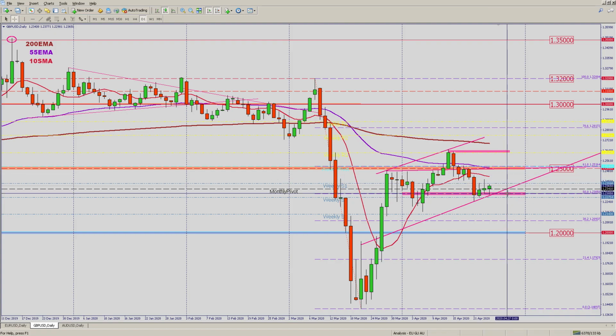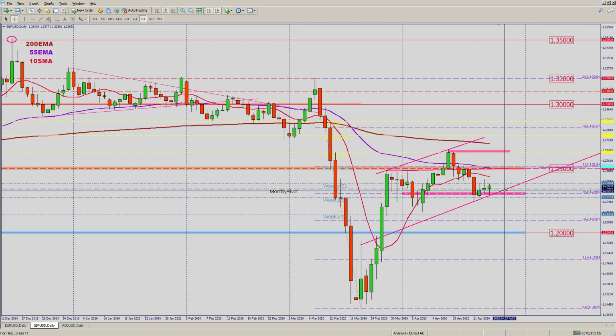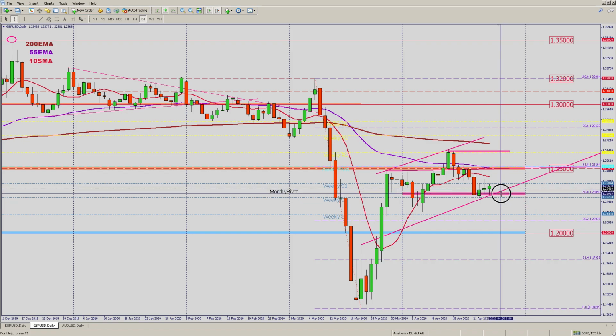So this coming week's range is just going to be at the 50% range and around the monthly pivot support, 123 to the 125 area, so about the 200 pip range for next week.